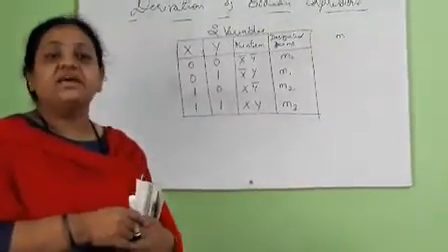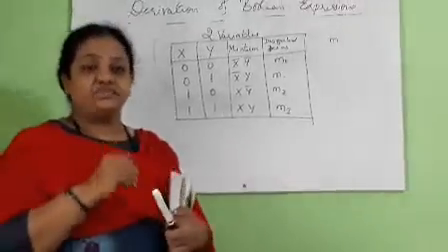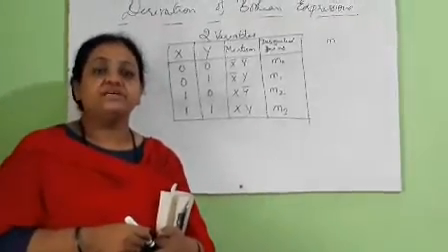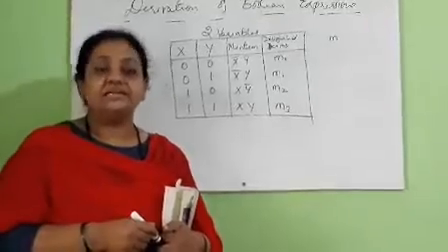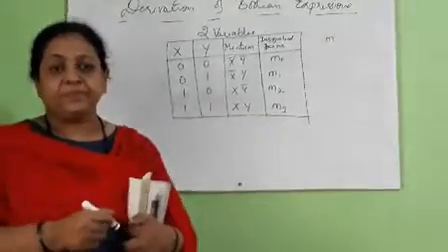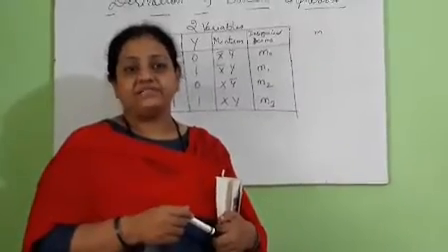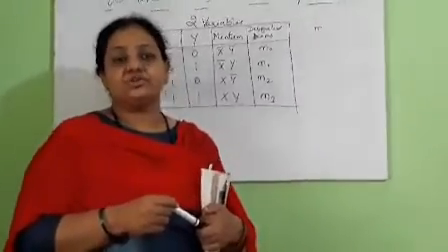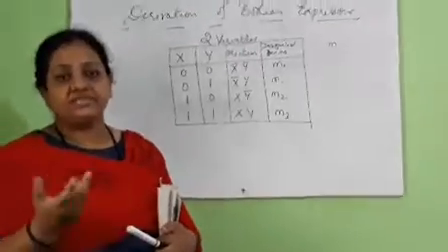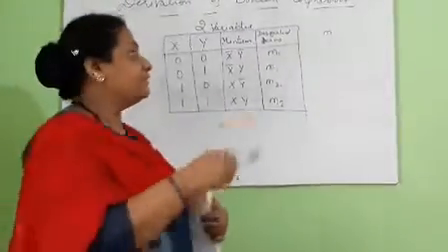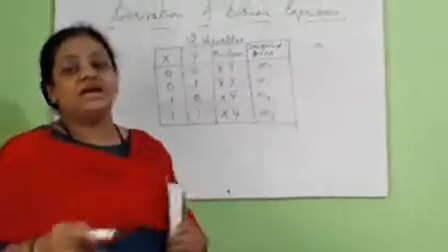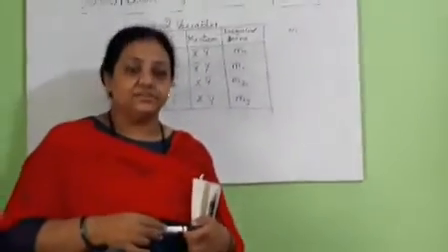Let's write a truth table for three variables along with the minterms and the designated terms. There may be a question asked in an annual exam to construct a truth table for two variables, three variables or four variables with minterms and designated terms.